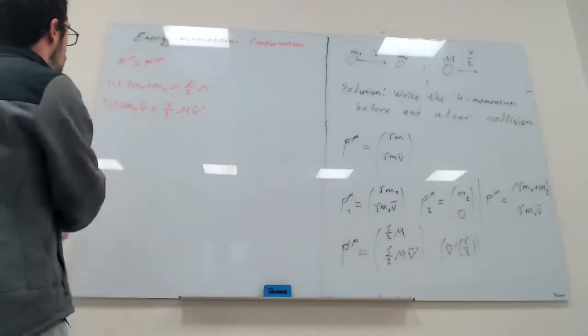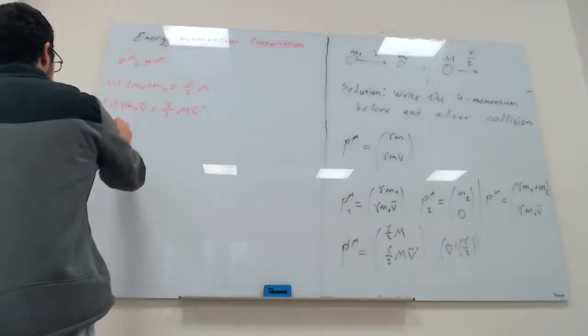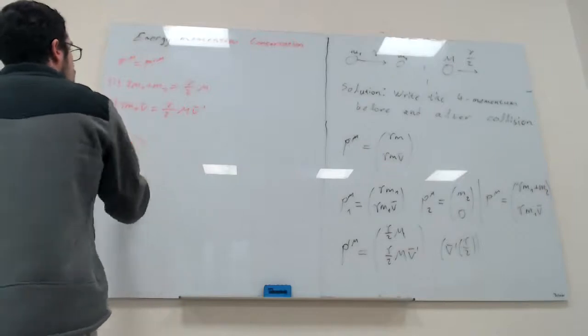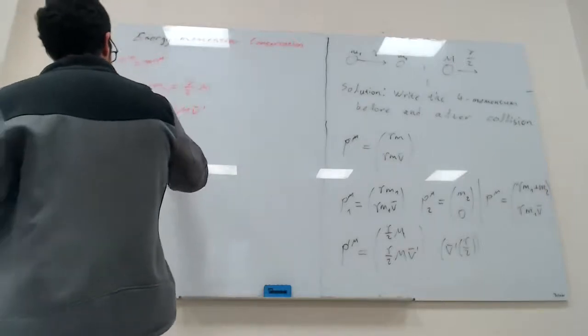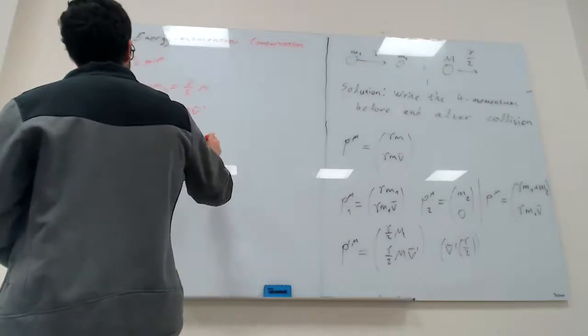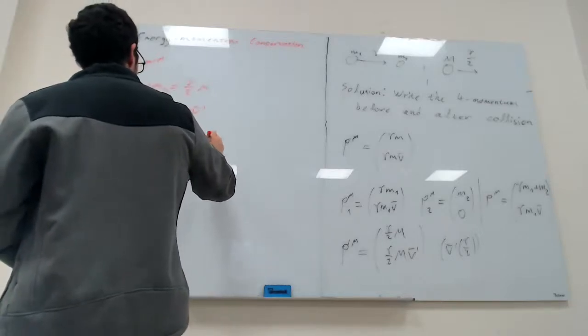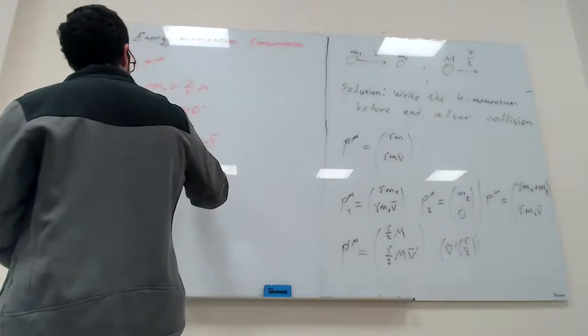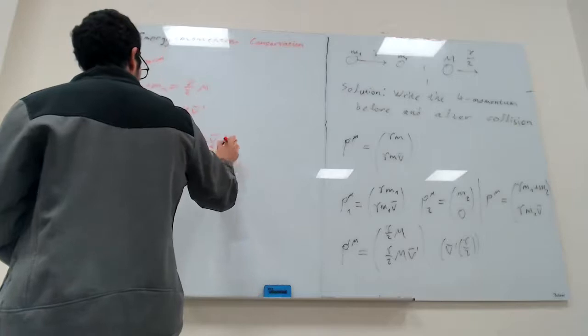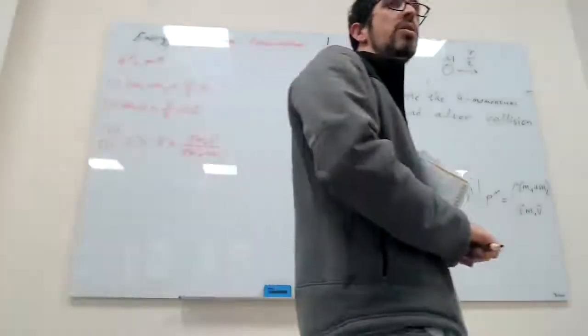Dividing the second by the first, we get v tag equals gamma m1 v over gamma m1 plus m2. How do we continue from here?